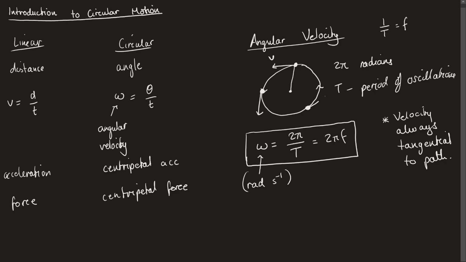If I had a particle here, it would go off on a tangent there. So the velocity is always tangential, and we'll find that if the velocity is always tangential, we're going to get a constant change in the velocity, since velocity is a vector, which means if we have a change in velocity taking place over some time, we have an acceleration. So even if we're traveling at a constant speed, we can end up with an acceleration.